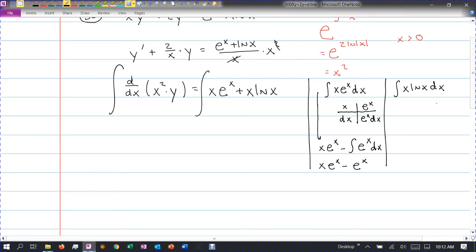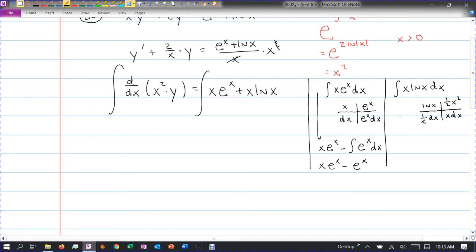Now this one's a little bit different. I know the temptation is to put x here and natural log x here dx, but the antiderivative up here is ugly for natural log x, so we're actually going to go the other way. We're going to put natural log x here and put x dx here. And then when we differentiate natural log, we get 1 over x dx, and we integrate this, we get 1/2 x squared.